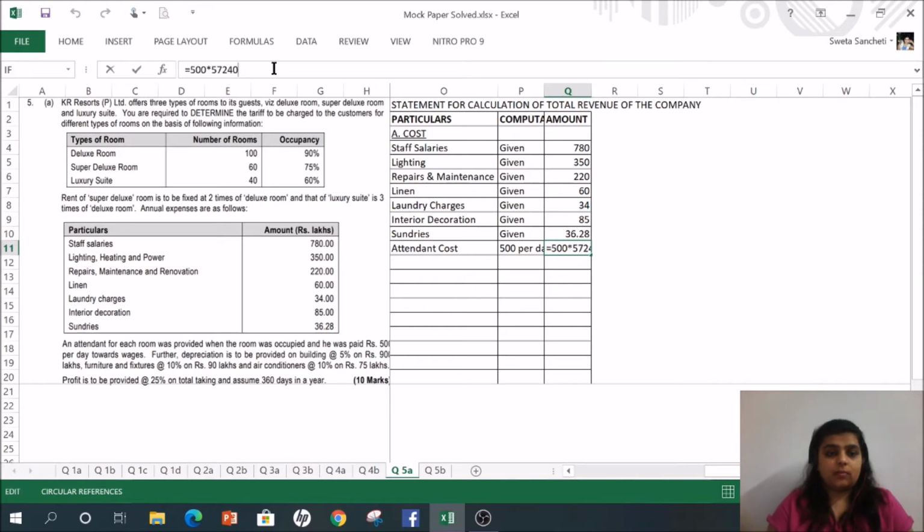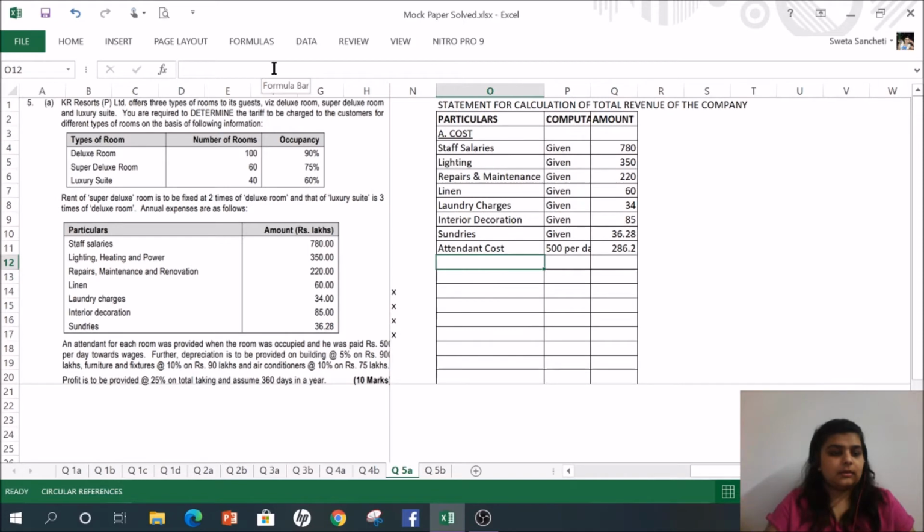Now this amount has to be in lakhs. So that is 286.2 lakhs. Next is our depreciation. Now there are quite a few depreciation: building, furniture and fixtures, and air conditioner.